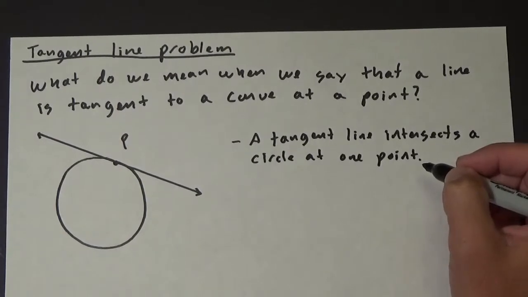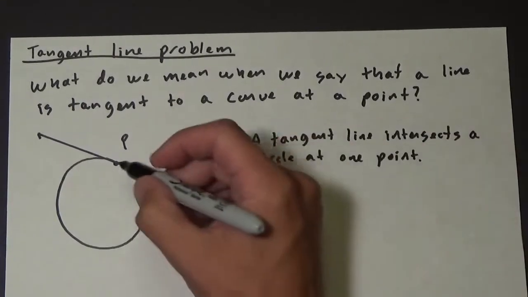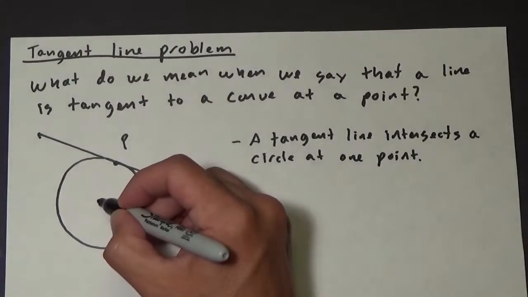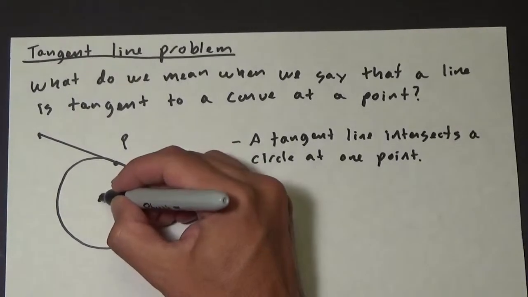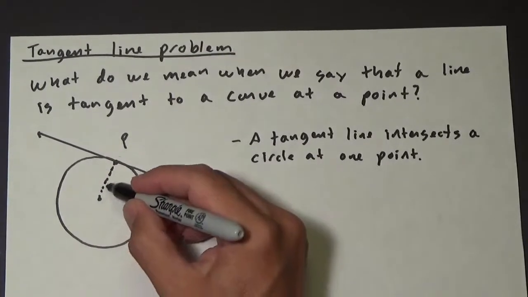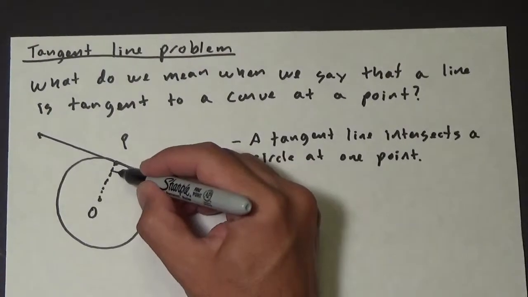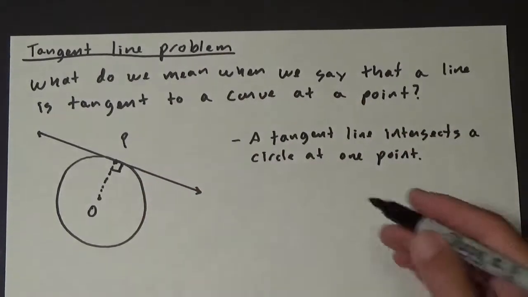Now another thing we can say about this tangent line is that it is perpendicular to the radial line at point P. So when we say radial line, that means if I were to take the center and sketch in the radius, so you have an infinite number of radii, but we're talking about exactly that one radius, then this radius and the tangent line are perpendicular to each other.